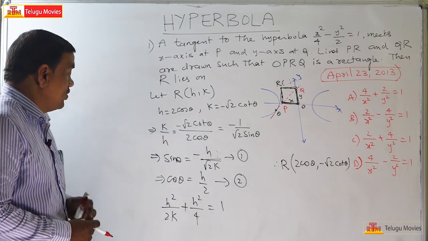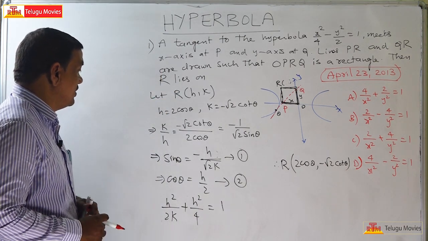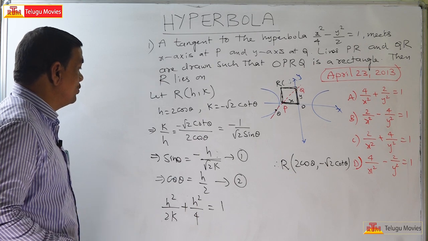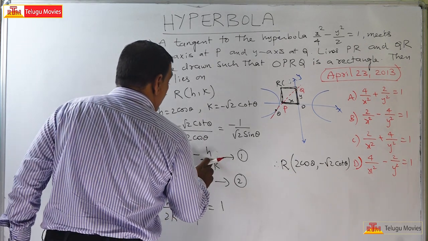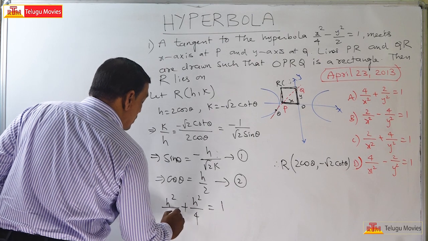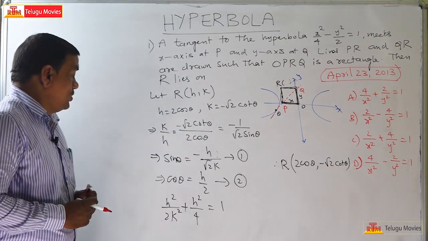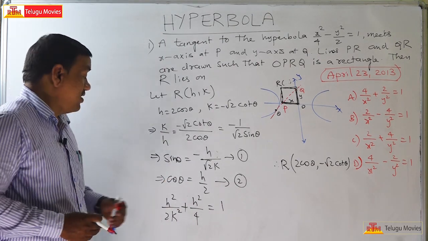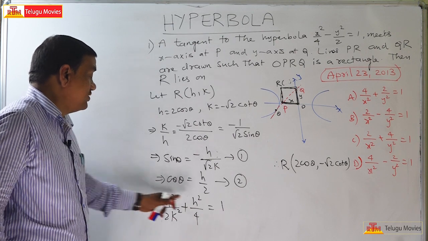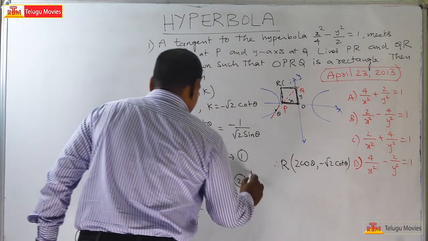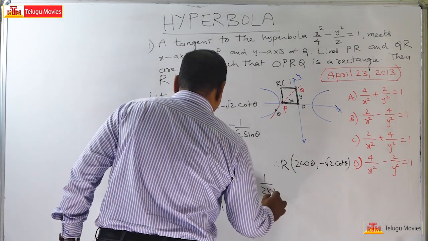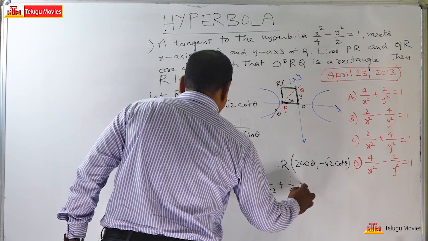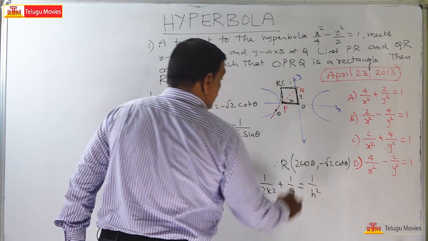So from this we almost have the equation. Understand here, this is root 2 k, so this is 2 k square. Divide with h square, and we get 1 by 2k square plus 1 by 4 is equal to 1 by h square.